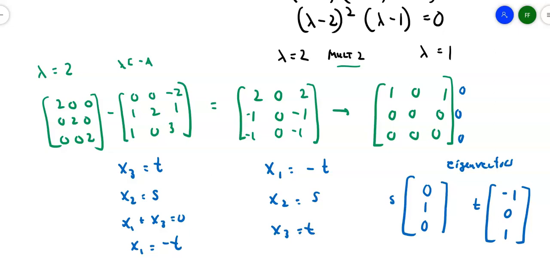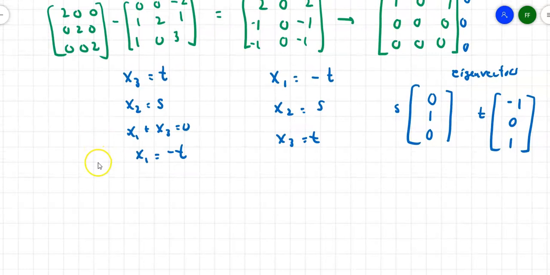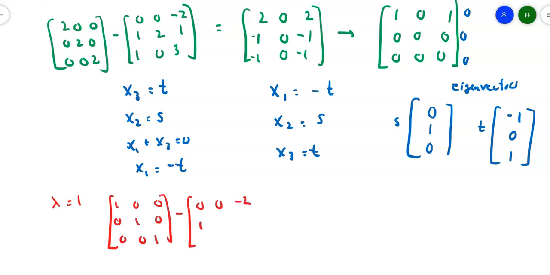All right, so now I'm relatively convinced that if I do this now for lambda equals 1, I'll be able to find another eigenvector that then finishes out the problem. So for lambda equals 1, I end up with 1, 0, 0, 0, 1, 0, 0, 0, 1, subtract 0, 0, negative 2, 1, 2, 1, 1, 0, 3.